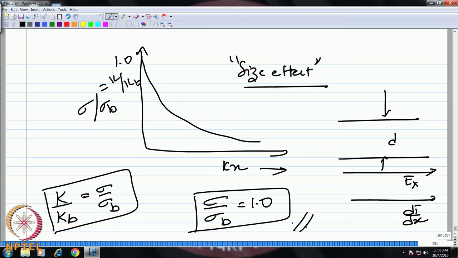Tomorrow I will show you simply how this happens for specular boundary condition. With that you will understand that this size effect becomes very important in transport parallel to the plane only if you have a diffuse boundary condition, whereas if you apply a specular boundary condition, there is no change in the conductivity parallel to the confinement.